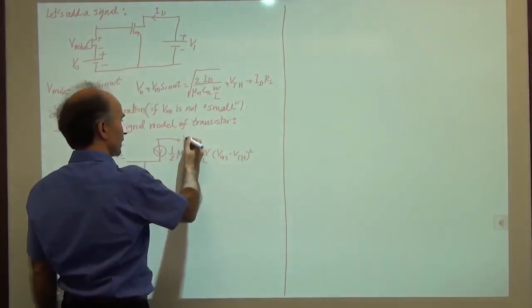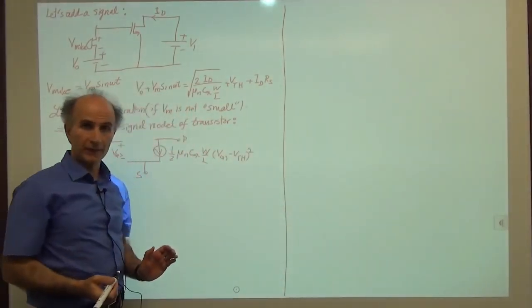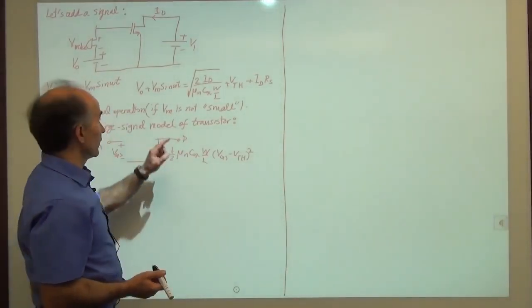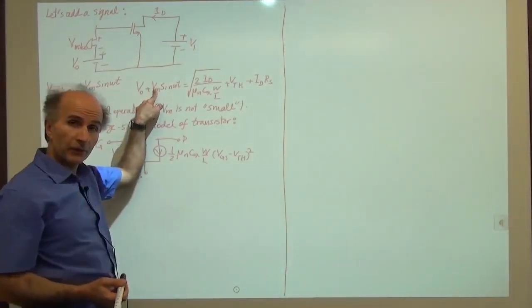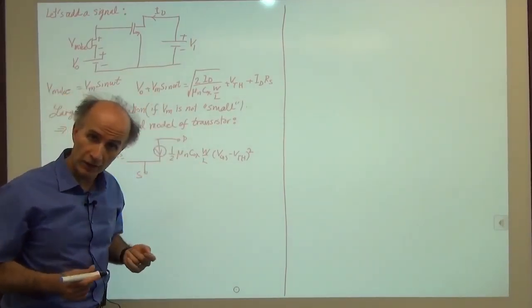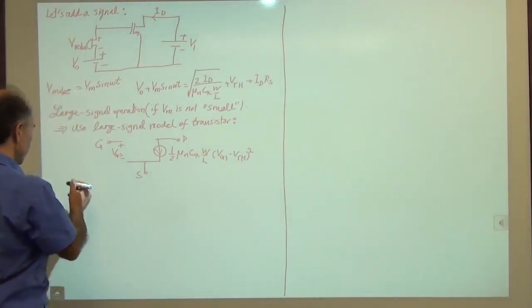This is the drain. And if you want to include channel length modulation, then 1 plus lambda VDS. So if we don't have any restriction on the signal amplitude coming in, then we have to use this model, which we call the large signal model. All right? Okay, very good.